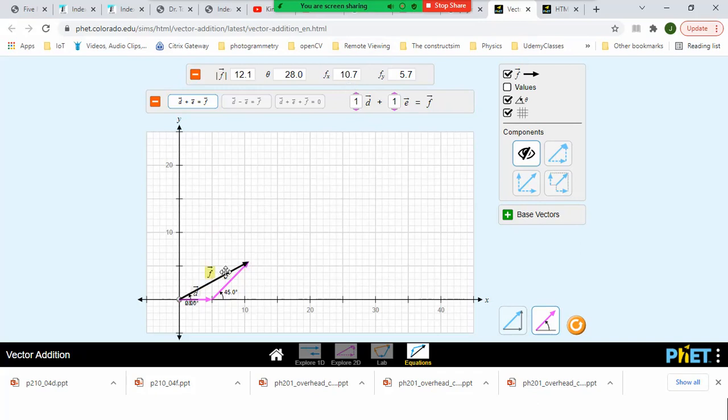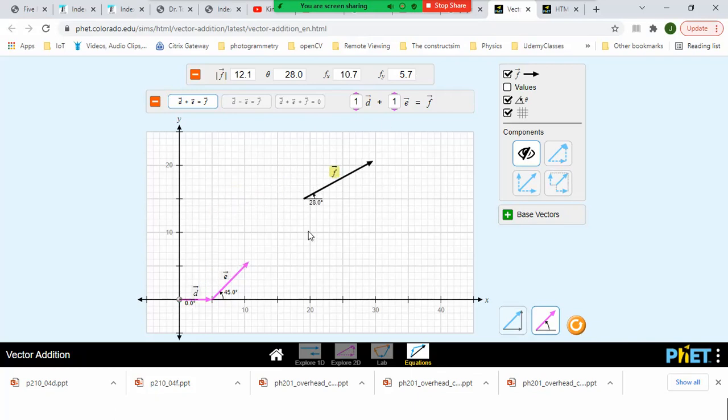Let's look at this. If I put this here, we see that it ends just before 11. So you can see that end right there. Ends just before 11. That's 10.7.